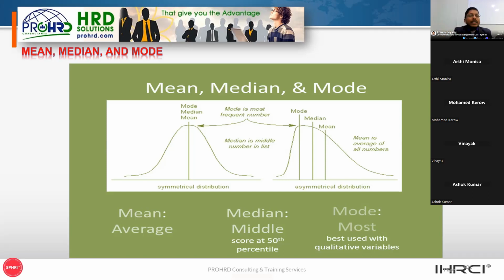Mode is actually looking at the numbers which occur more frequently. You look at the data set and see which numbers occur most frequently together, and that is called the mode.